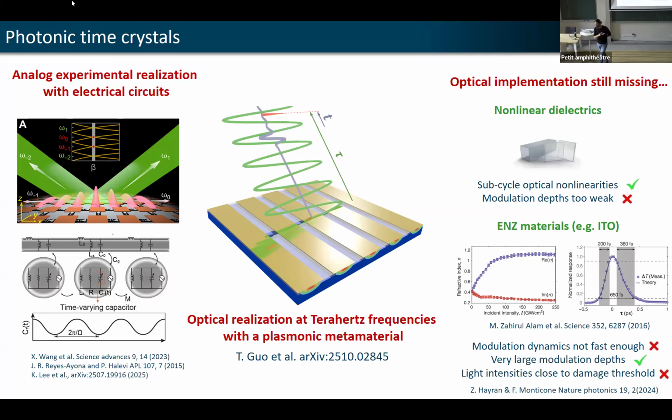This is realized at terahertz frequencies, so above the microwave range, much below the optical range, milli-eV photon energy. In this plasmonic material it is done all optically, so we really modulate the optical properties of this plasmonic metal surface.